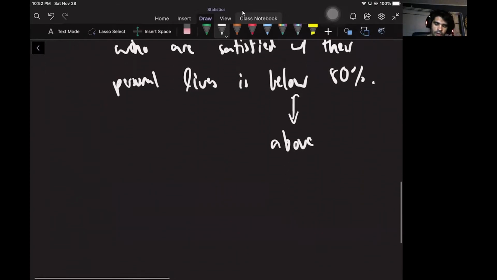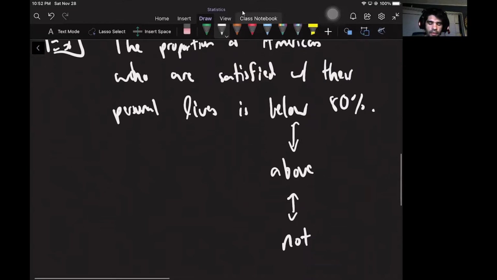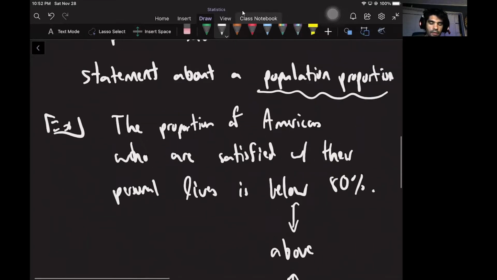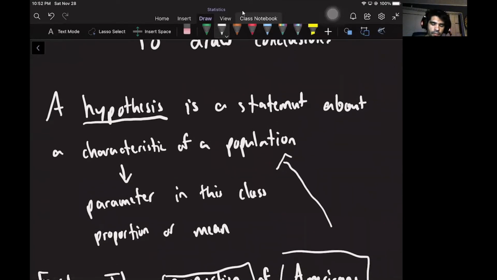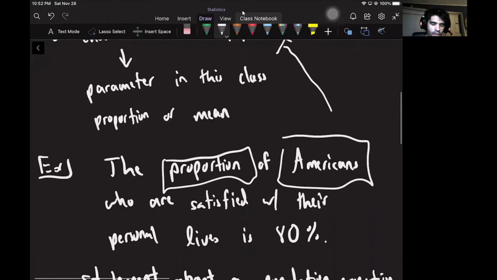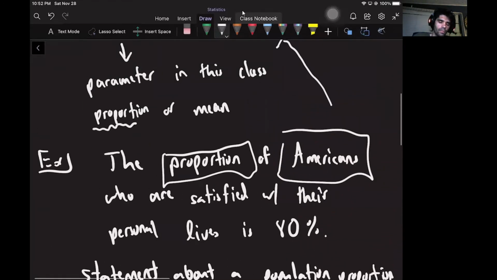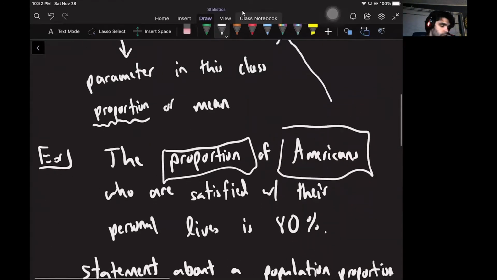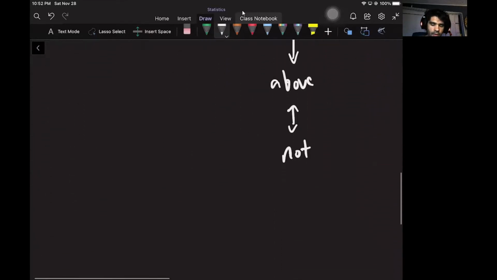Or you could also change it to not. So I could say the proportion of Americans who are satisfied with their personal lives is not 80%. That is another hypothesis. It's another, again, statement about a characteristic of a population. In this case, all of these are all about proportion. So then you have statements like these are hypotheses.